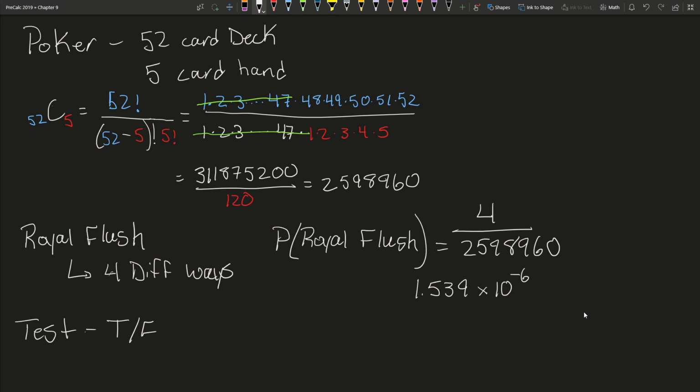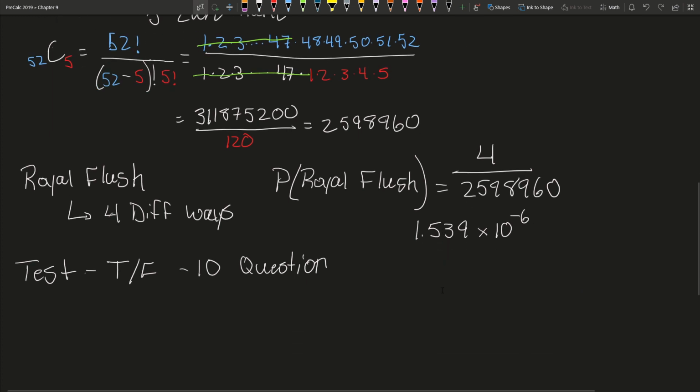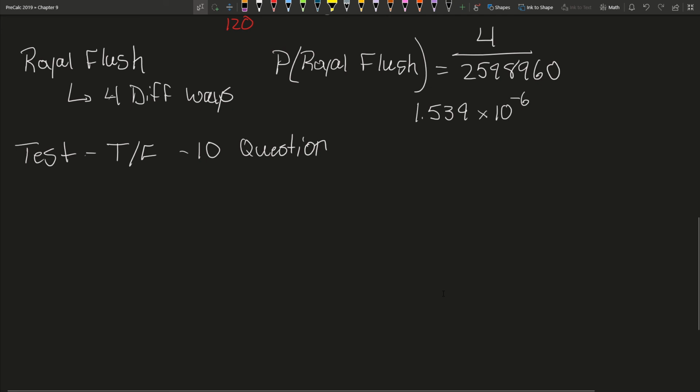If there are 10 questions, what is the probability that you get all of them right? Okay, without studying, just totally random, what's the probability of you getting them right?